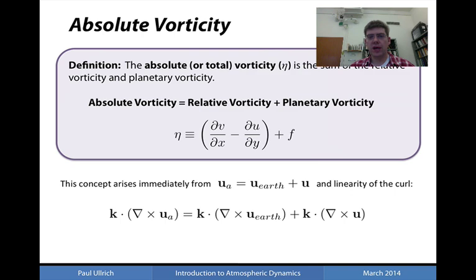That is, it is denoting a rotation rate about the vertical axis. So this concept arises immediately from the idea that the absolute velocity is equal to the sum of the Earth's rotation velocity and the local velocity, in combination with the linearity of the curl operator, which is a derivative and hence inherits linearity properties.